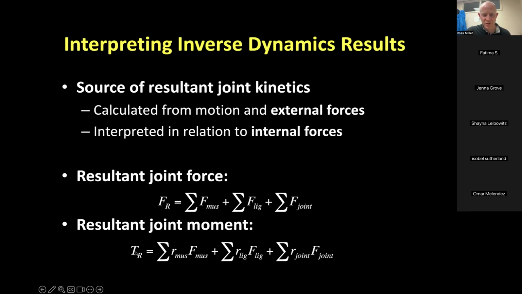And then the torque at the knee, similarly, is the sum of all the forces in the muscles times all their moment arms at the knee, plus all the forces in the ligaments times all their moment arms, plus all the forces in the cartilage, the articular contact at the joint, times all their moment arms to the center of the knee. Okay.